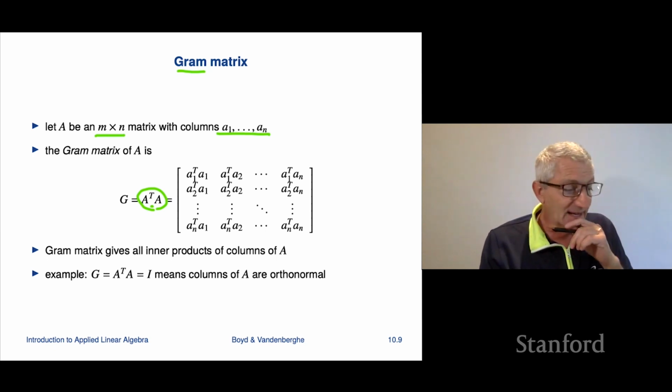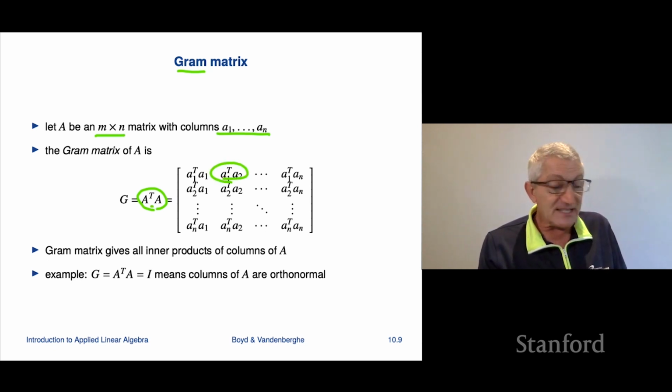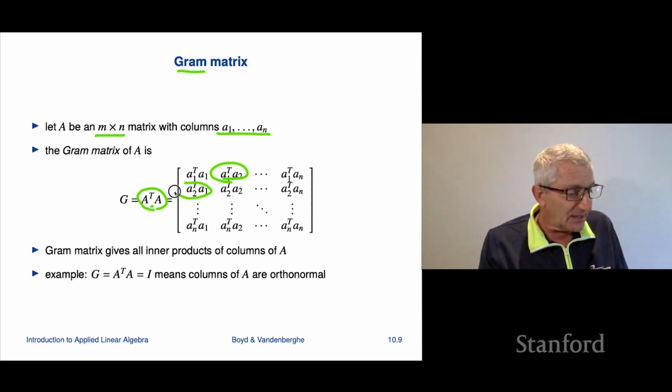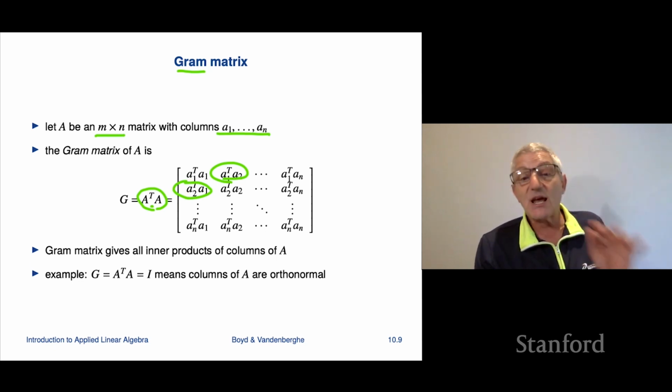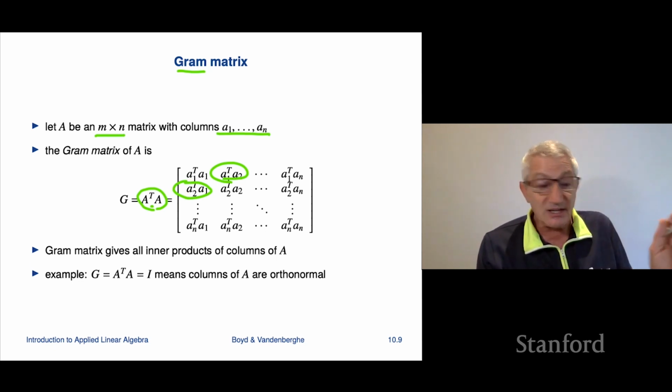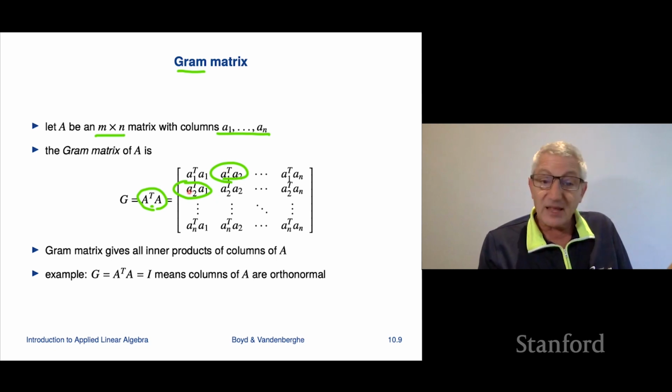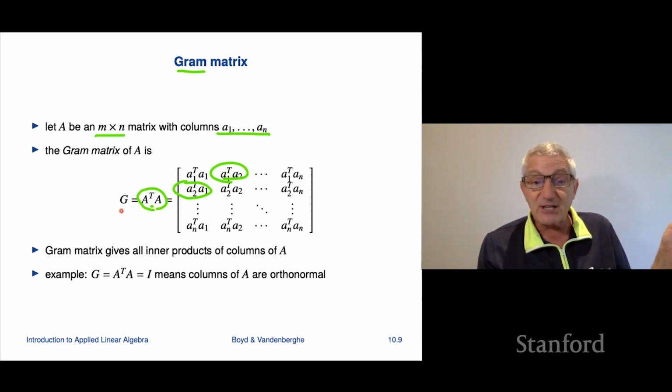Okay, so the 1, 2 entry is the inner product of the first and second column. By the way, the 2, 1 entry is the inner product of the second column with the first. But you know that inner product does commute. So these are the same number. And what that says is the matrix G is a symmetric matrix, right?